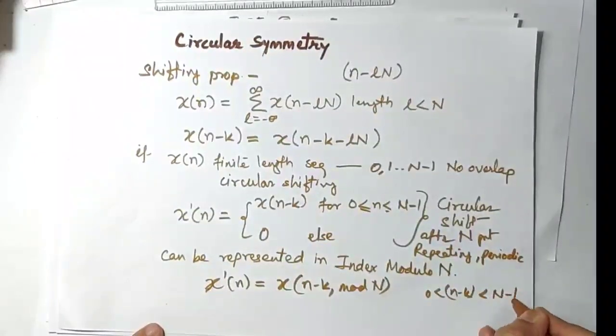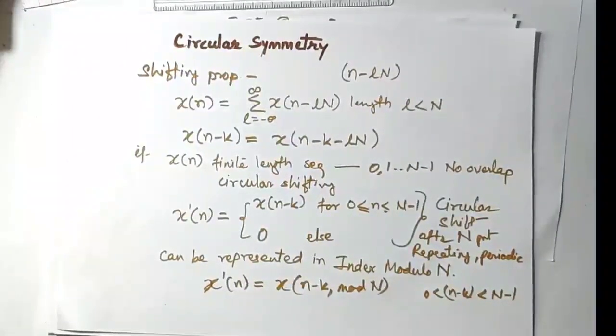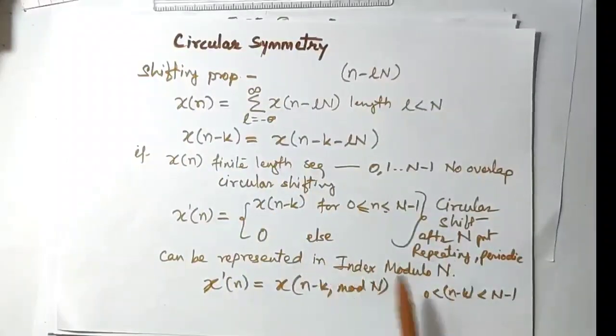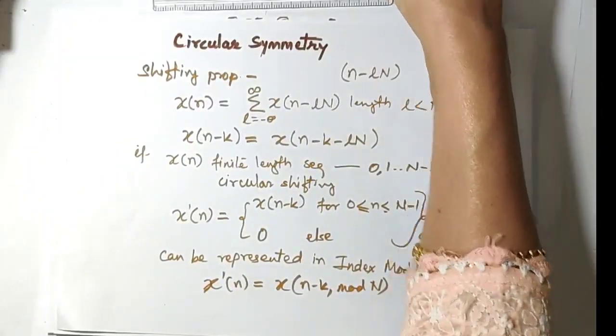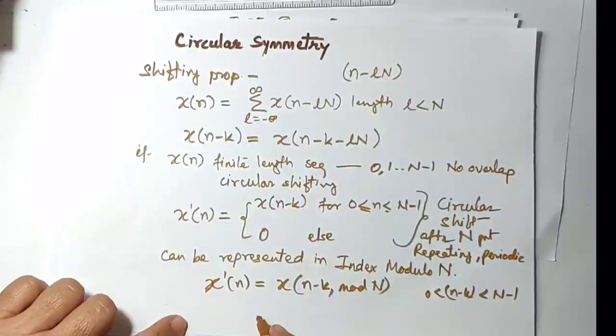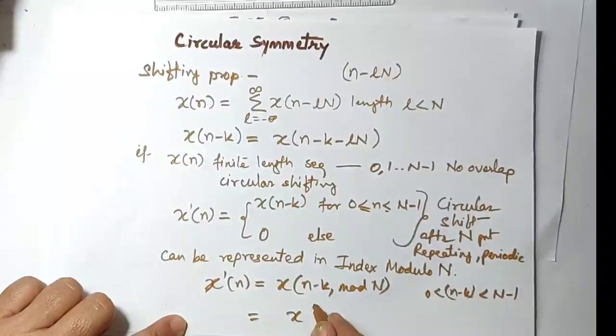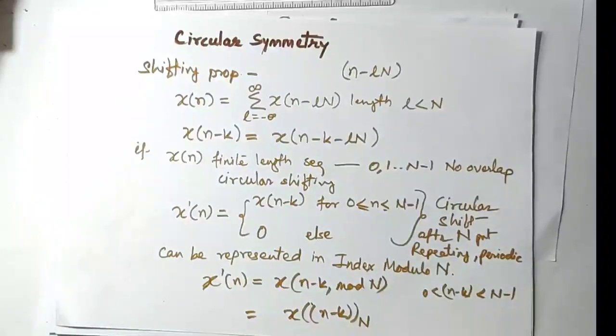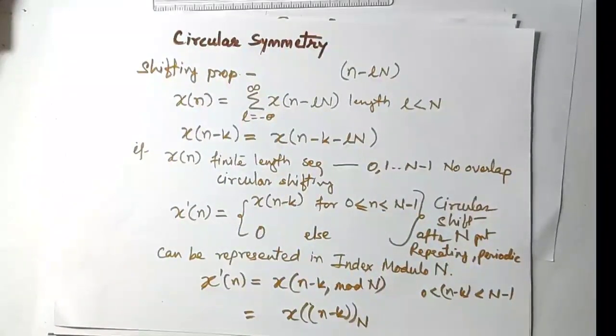Values should be up to N minus 1 to avoid the overlapping, and shifting till N points, then after N points it is repeating. It means after N points the first point will be repeated there, and every time this is called index modulo. So it can be represented in terms of index modulo. Sometimes it is also written as ((n - k))_N. So this is modulo N.